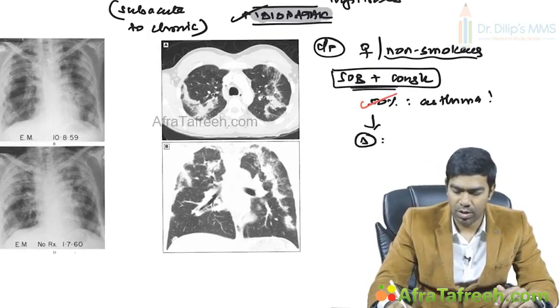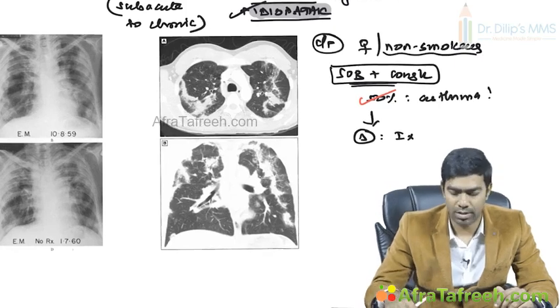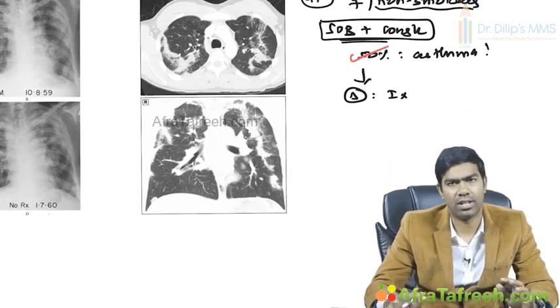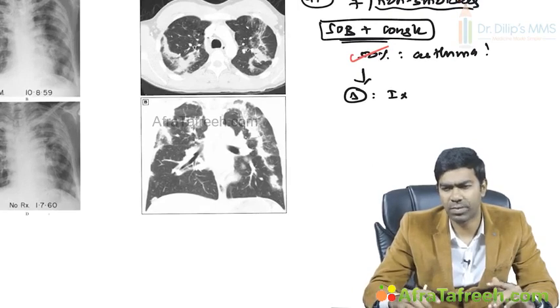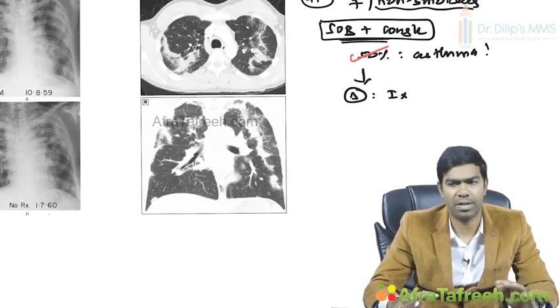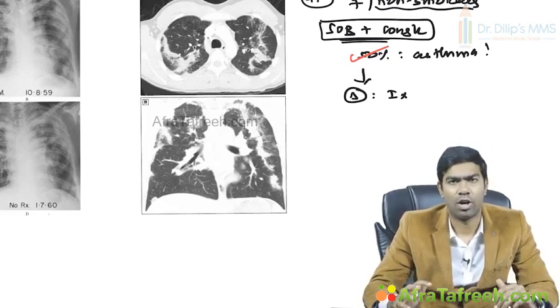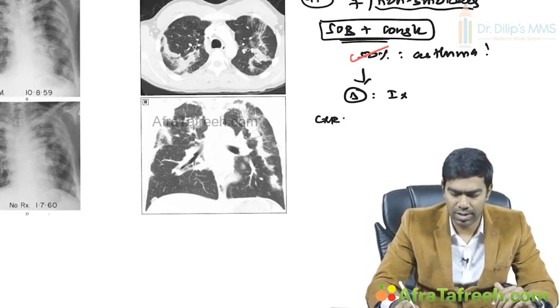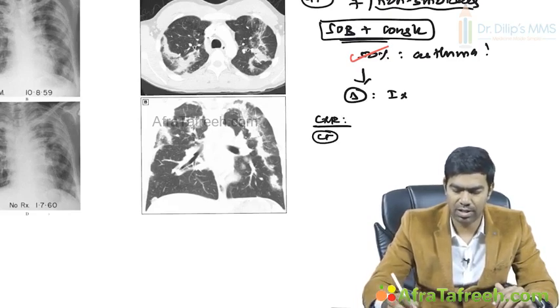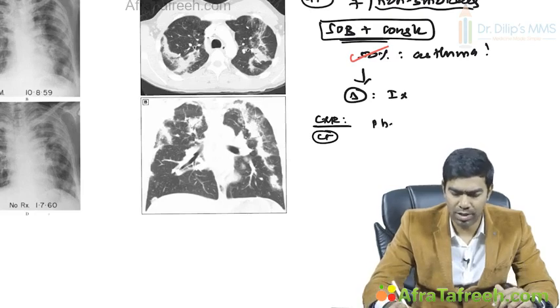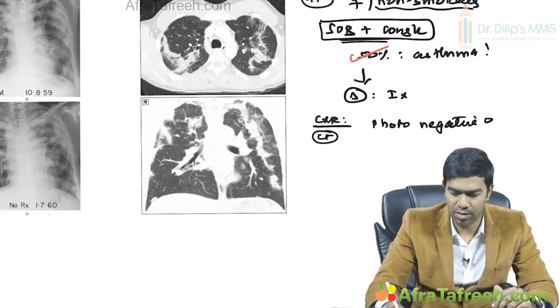Obviously, your diagnosis is going to be based on certain investigations. And one particular finding that's going to be very, very commonly asked in exams, and is very important and classical of chronic eosinophilic pneumonia, is the chest X-ray or CT finding called the photographic negative of a pulmonary edema.